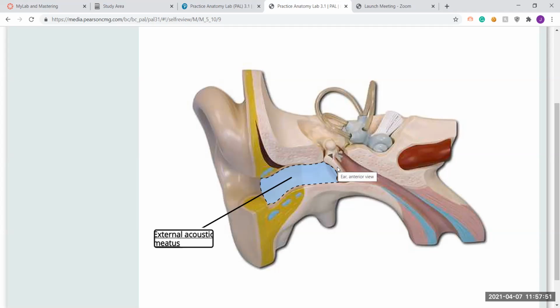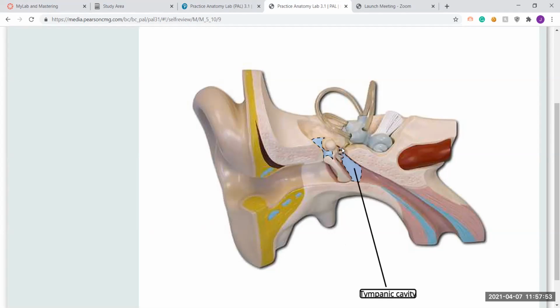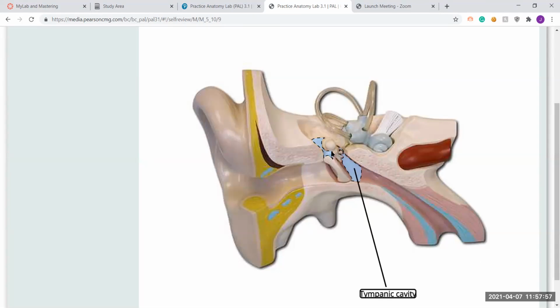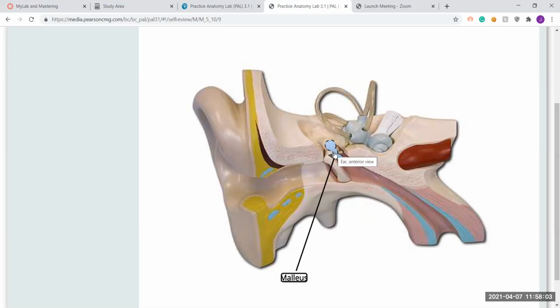Then the tympanic membrane, from here up to here, is the middle ear cavity. So this is all middle ear. In the middle ear, you have the tympanic cavity. Inside the tympanic cavity, you have the three smallest ossicles: malleus, incus, and stapes.